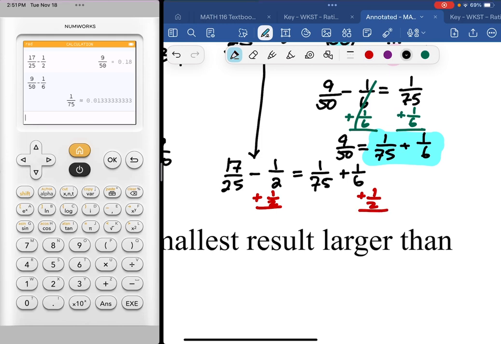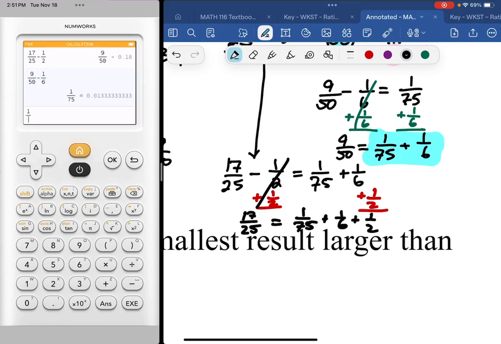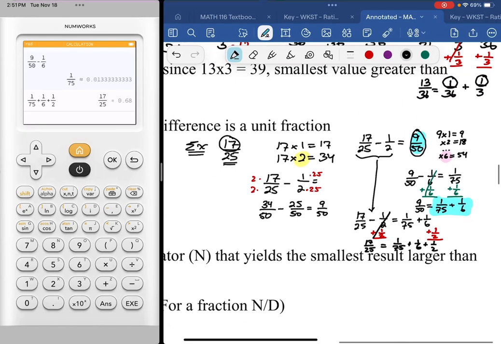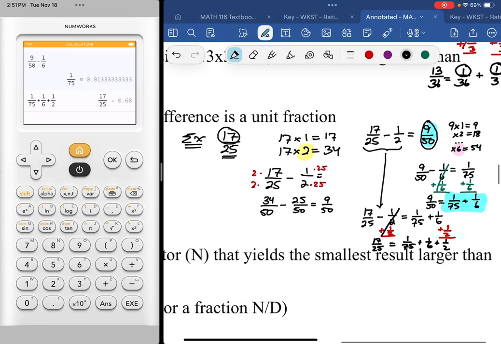And I will have determined, so this cancels here, 17 over 25 is equal to 1 over 75 plus 1 over 6 plus 1 over 2. That's 17 over 25, which is what I started off with. So I know it's right. It's in unit fraction form. All the numerators are equal to 1, and it adds to the relevant value, so we're good.